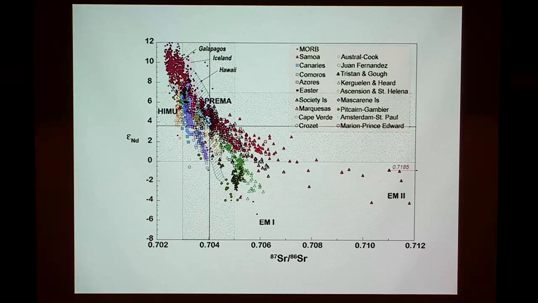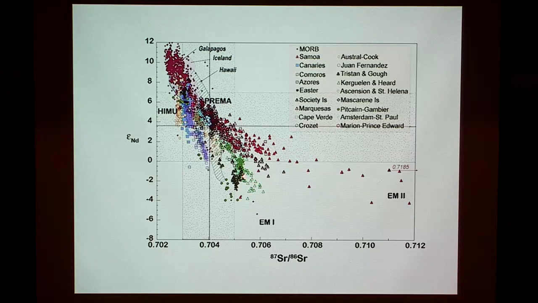Matt Jackson really screwed things up by discovering some extremely radiogenic strontium in Samoa. And to actually plot that point, this would have to be such a small scale you wouldn't actually see what's going on. The EM1s, here's Tristan and Gough in the South Atlantic. This is Kerguelen and Heard.